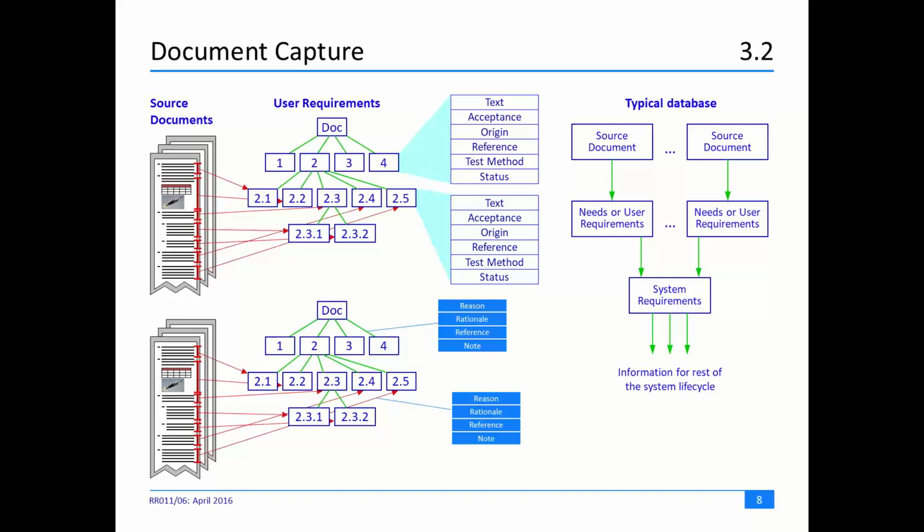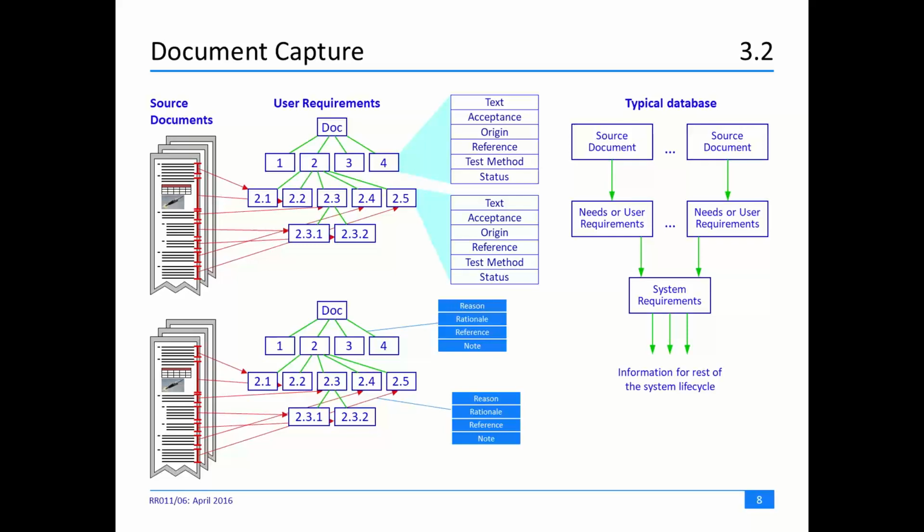So multiple source documents are each brought into multiple needs or user requirement hierarchies that in turn are satisfied with a single set of system requirements that in turn get mapped into the service delivery architecture or the system breakdown structure, or if it's a product, a product architecture.